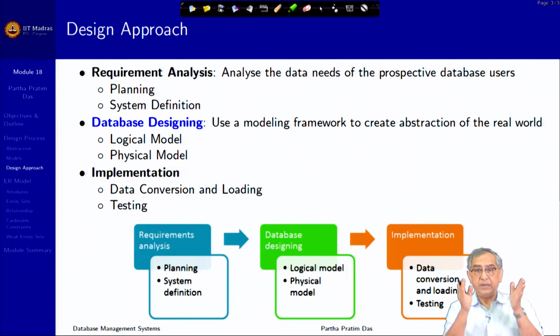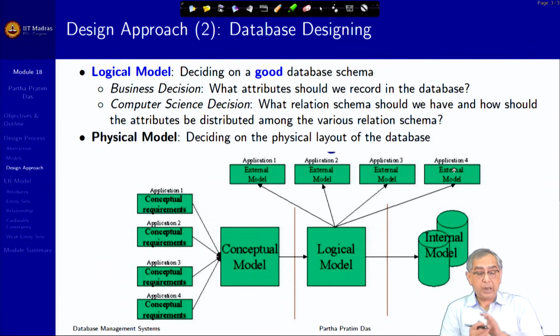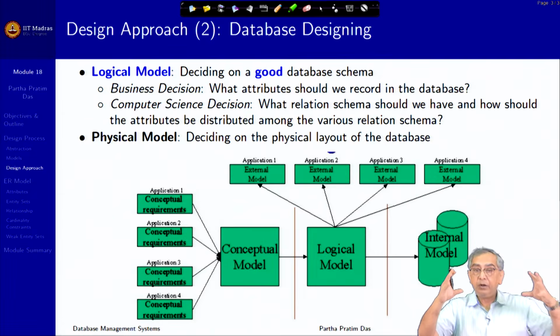One is requirement analysis: you acquire the requirements, put the specifications, and define the system. Then there is database design in the middle, which has logical and physical model design, and finally you go into the implementation, data conversion and test and so on. We will right now focus on the logical model part of it, that is, database designing has a logical part, which is a conceptual part.